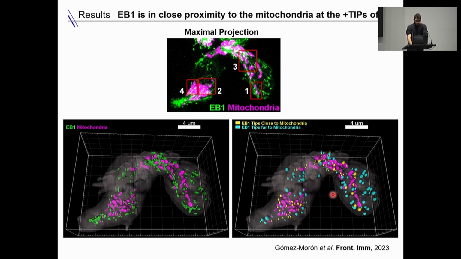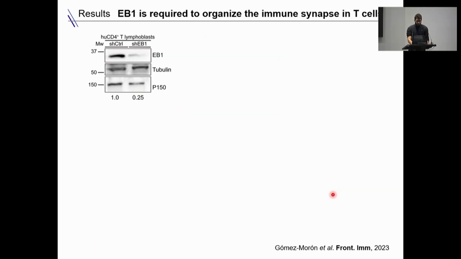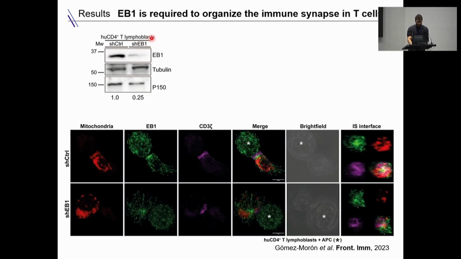So, to study what role EB1 was playing with these mitochondria in T cells, we decided to silence EB1 expression in CD4 T lymphoblasts and study by confocal microscopy the architecture of this immune synapse. As we can see in control cells, we can see a proper polarization of the mitochondria, of EB1, which is enriched in the centrosome area, and of CD3 zeta.